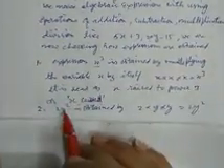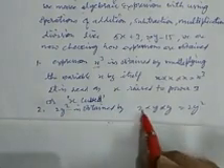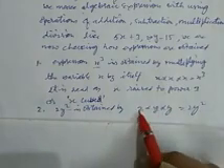Now 2y square is obtained by 2 into y into y. That is, first we make y square by multiplying y by y and then multiply by 2, so we get 2y square.